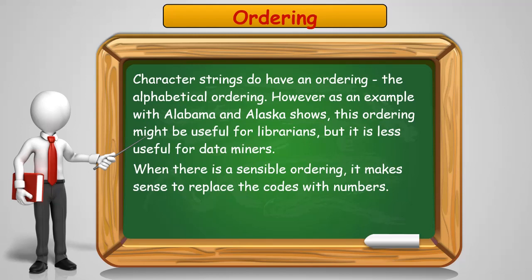A clear, easy example is military ranks. I can say that it should go from lieutenant to captain to major to colonel to general. So even though those aren't in alphabetical order, there is an ordering to it in the hierarchy of the military rank. And it would make sense to me in that case to replace the rank name with a rank number.